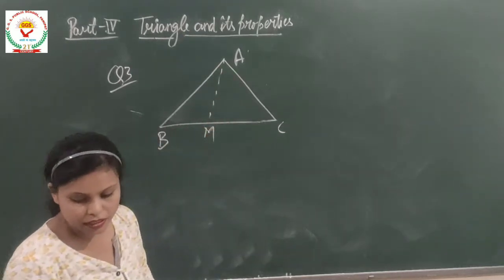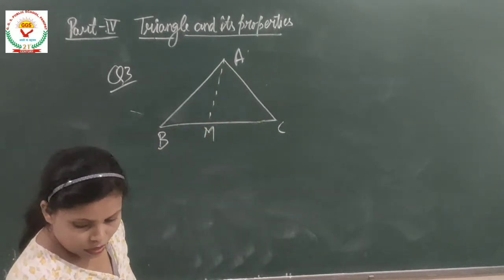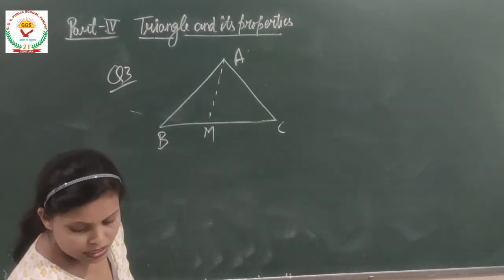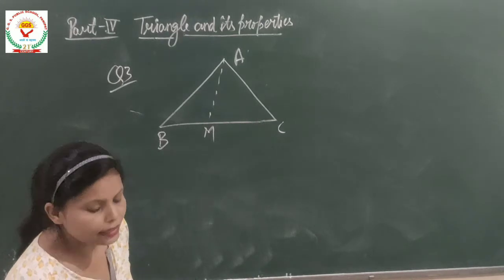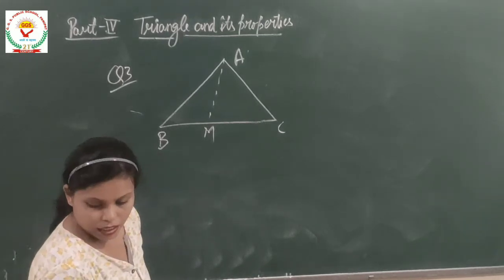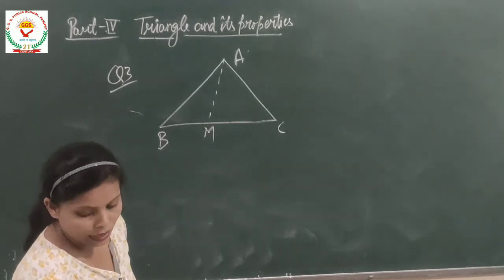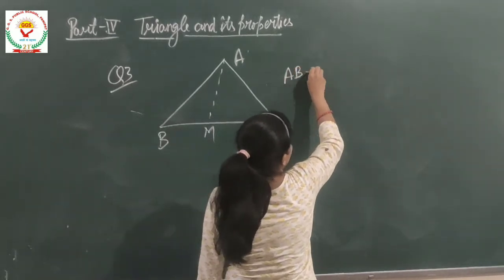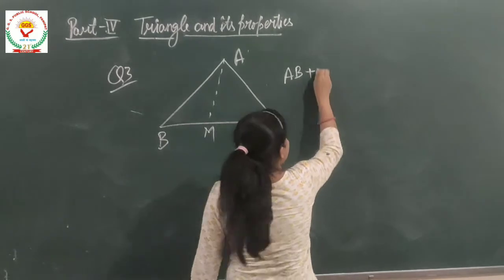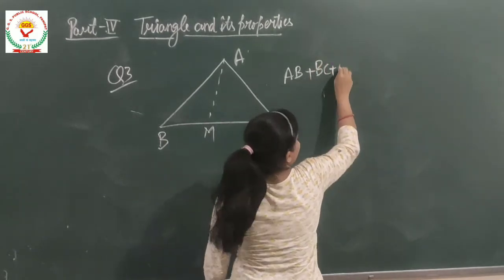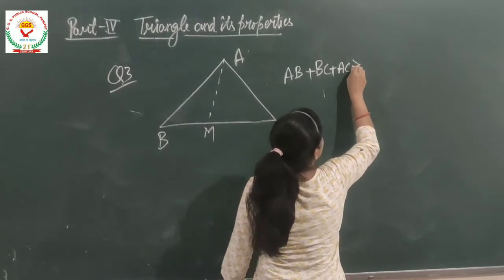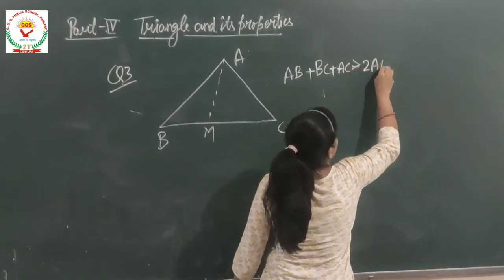Okay, this is the median given. Now, is AB plus BC plus CA greater than 2AM? So we have to prove that AB plus BC plus AC is greater than twice AM.